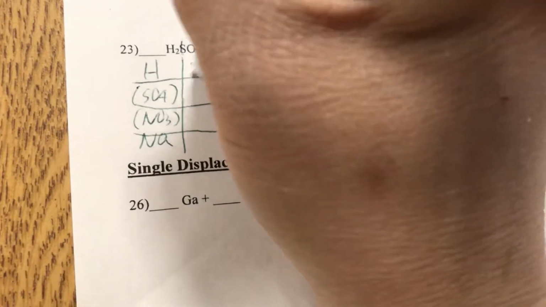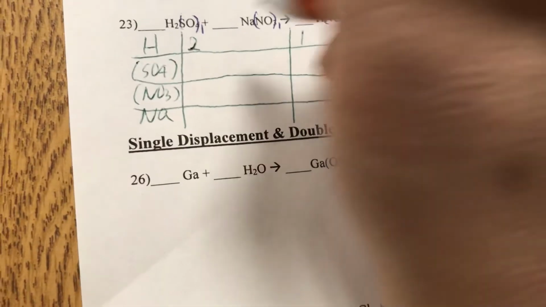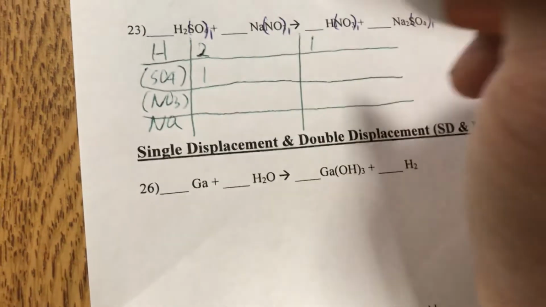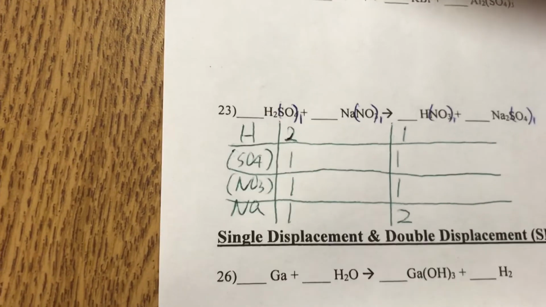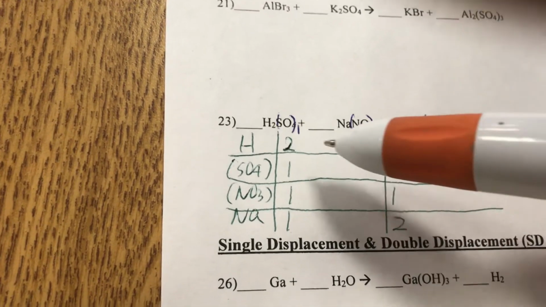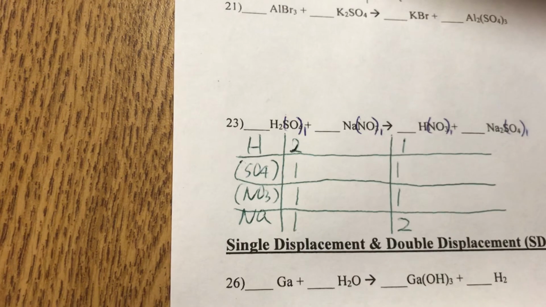So I start with 2 hydrogen, 1 hydrogen, 1 SO4, 1 SO4, 1 NO3, 1 NO3, 1 Na, 2 Na. Okay, so you can either fix the hydrogen or you can fix the Na.